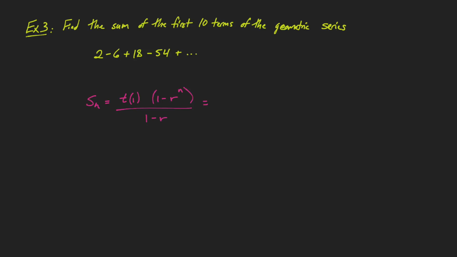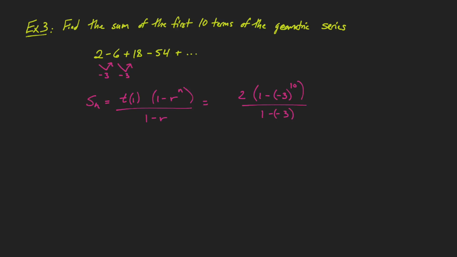The common ratio here, if you notice, is very similar to the last one, but this is negative 3 in this case. Doesn't always have to be a positive ratio. So in this case we have 2, 1 minus negative 3, and that's raised to the 10, over 1 minus negative 3 again.